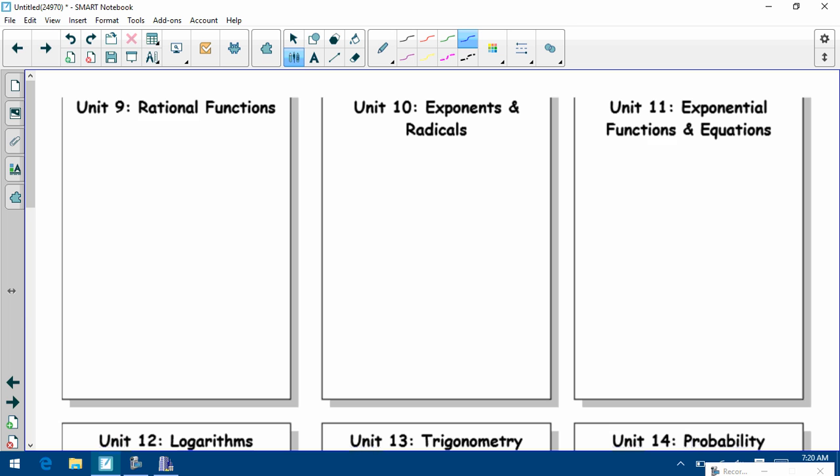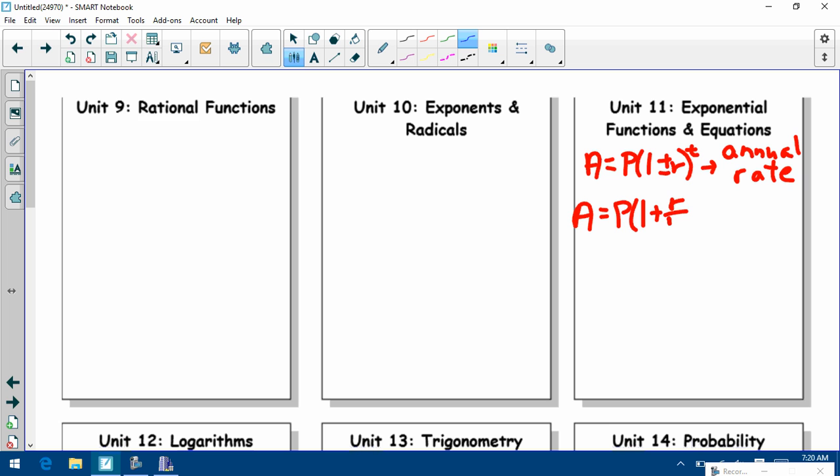I guess what I really want to write down is the formulas, because you have to know those for the test, and those aren't on the formula sheet. So we've got A equals P times (1 plus or minus R) to the T. That's annual rates, growth or decay. We've got A equals P times (1 plus R over N) to the NT.